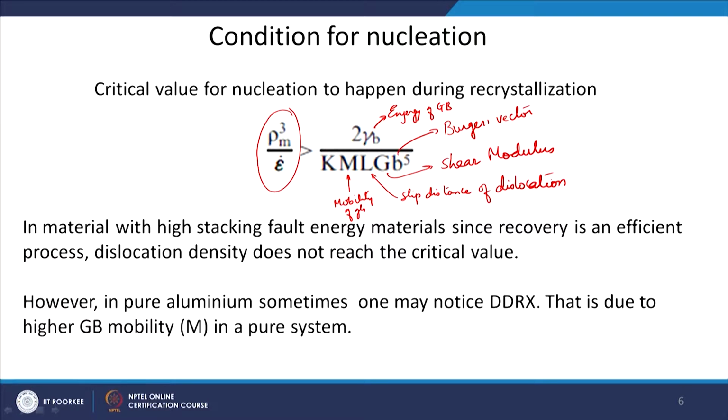As we can understand, materials with high stacking fault energy have better recovery; the dislocations recover very efficiently. That is why the dislocation accumulation is not there and the dislocation density will not reach the critical value required for nucleation. However, as we already know, aluminum is a high stacking fault energy material and should show efficient dynamic recovery.